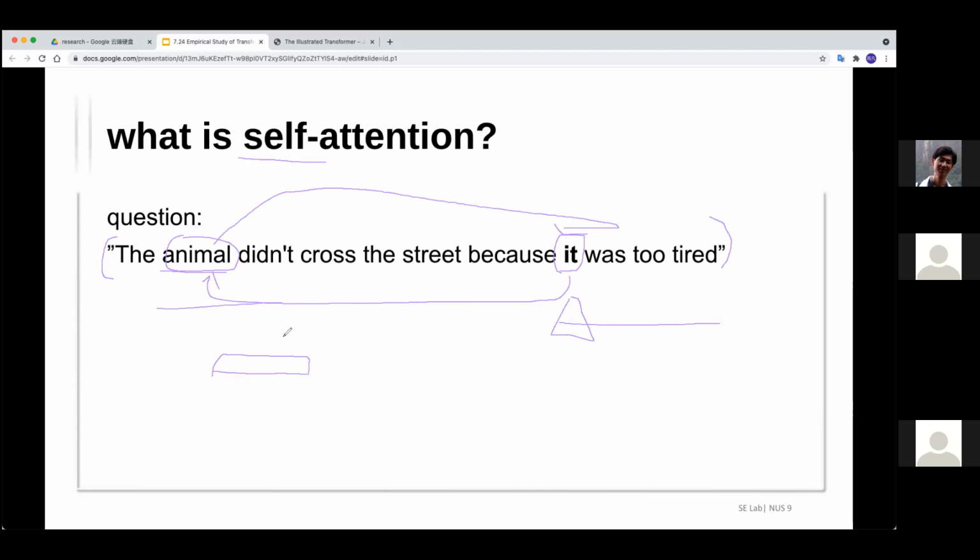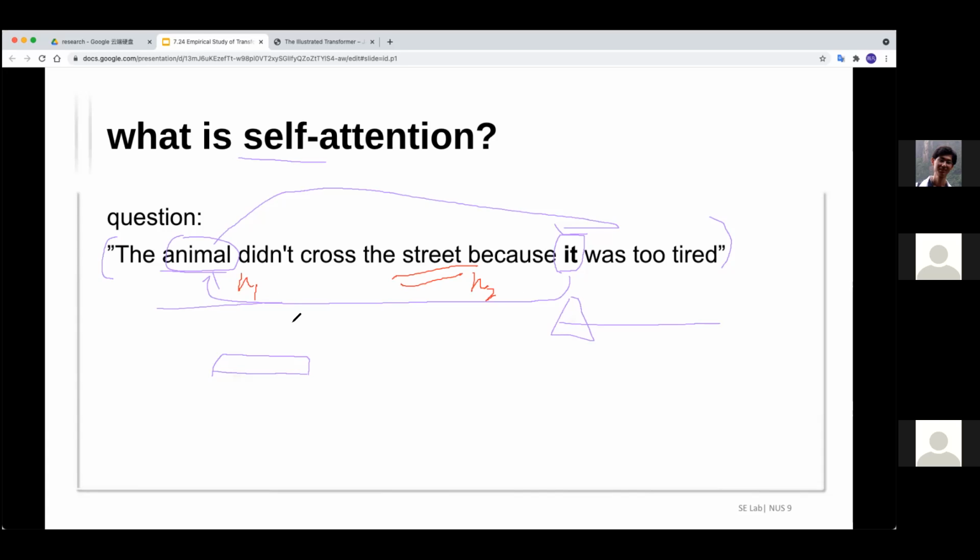I think another candidate is street, right? For the machine, even if we have the word properties, we know the animal is a noun and the street is a noun. For human beings, it's very easy to know that animal is the most likely word "it" refers to.